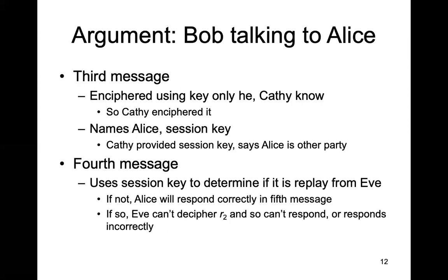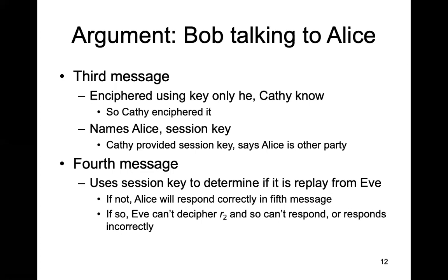Okay, so now let's analyze the third message from Bob's perspective. The third message is encrypted with a key that only Bob and Kathy know, this key KB. So he will know that it is produced by the trusted third party, Kathy. Furthermore, this message is naming Alice.